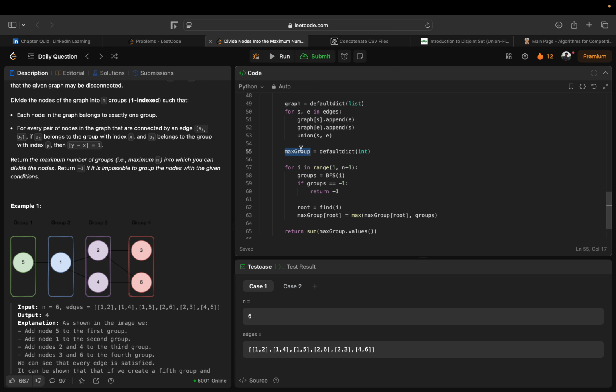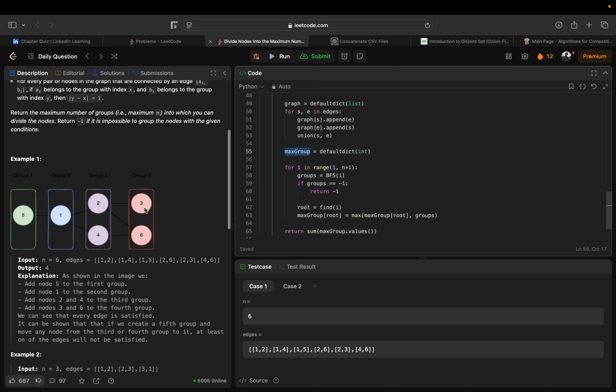Maximum group is the maximum number of labels, or the maximum number of groups, which can be possible inside a disjoint graph. There may be cases where 2 graphs are present, if this edge is not present, so there will be one graph and another graph.